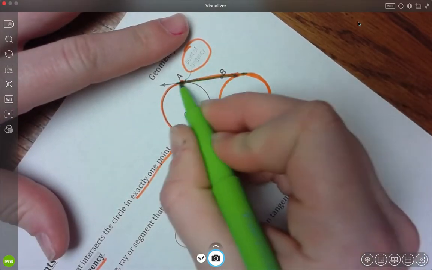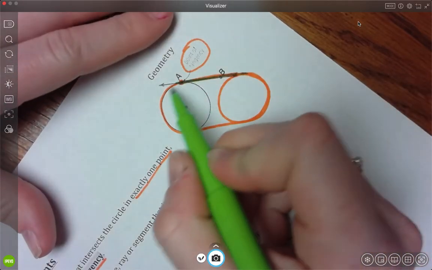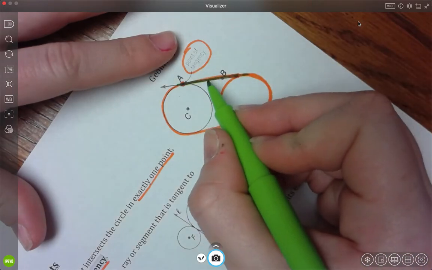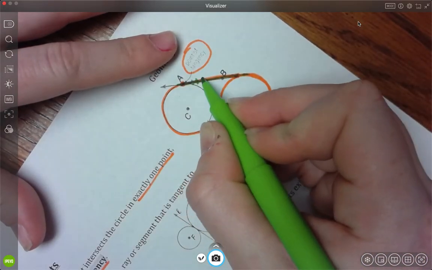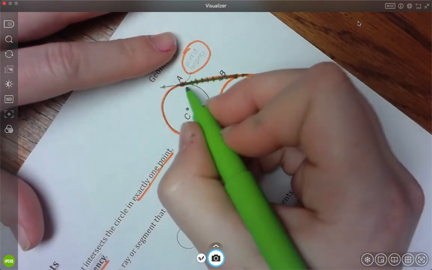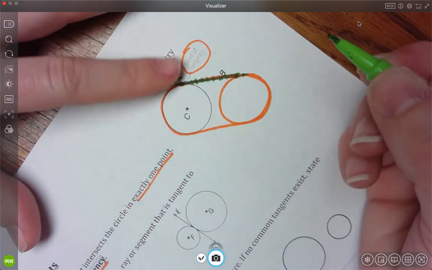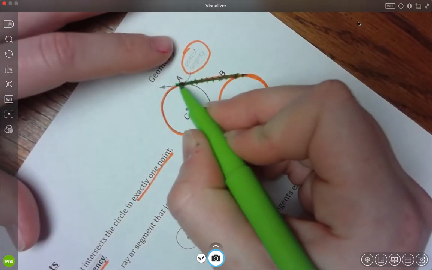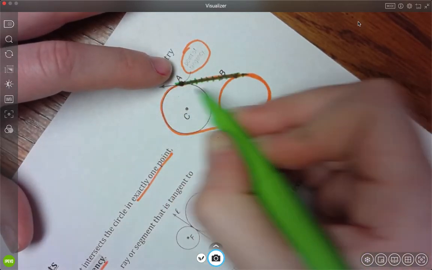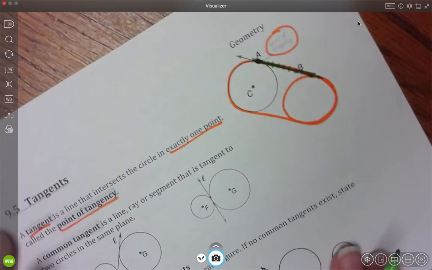The chain goes around the two gears, and it has little markings and clinks around the two gears. The line that connects those two gears is a tangent line because it's touching at only one point, and then it starts to wrap around the gear. So that's a demonstration of a point of tangency.